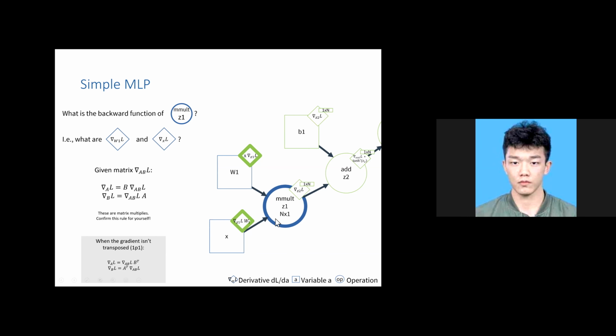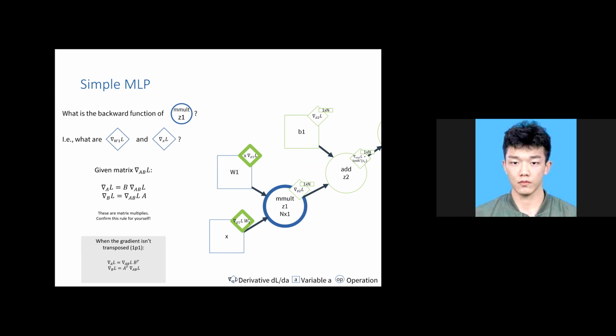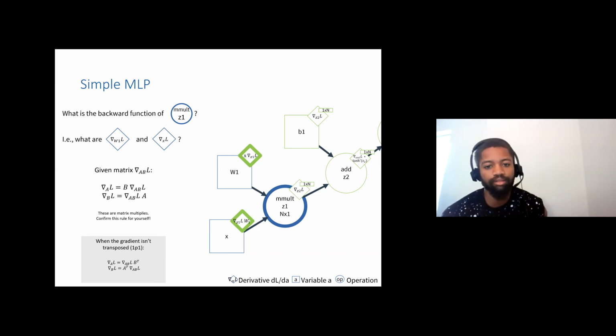However, matrix multiplication is not an element-wise operation, so the chain rule is not going to be element-wise. And the full proof for the backwards function of matrix multiply, I guess we'll post that later on Piazza. Oh, so when the operation is element-wise, then we calculate the gradients element-wise. Otherwise, we don't do that, right? Yeah. Okay, thank you.